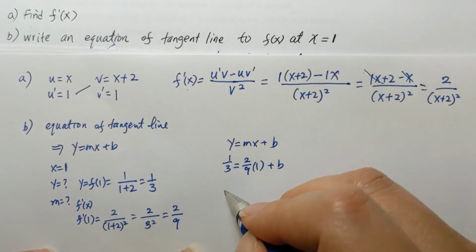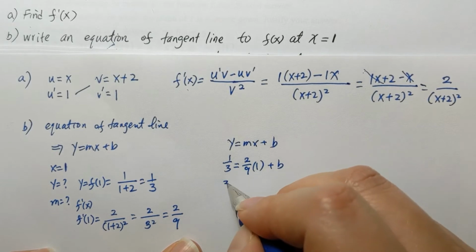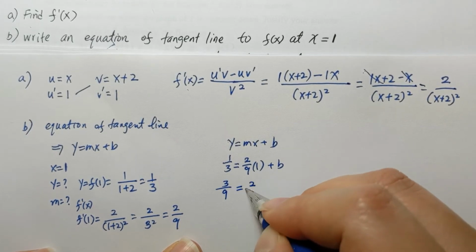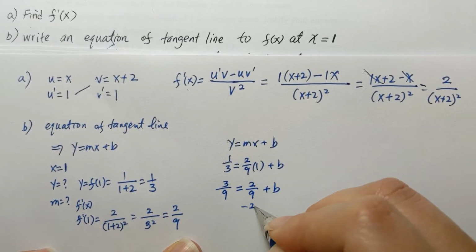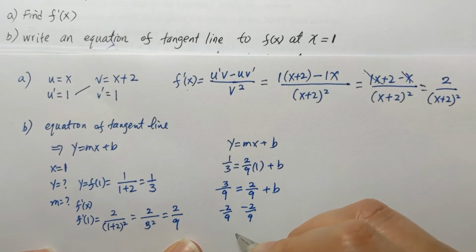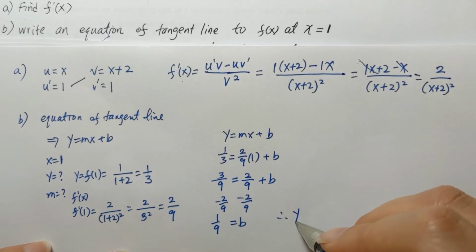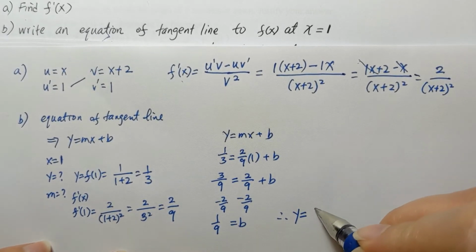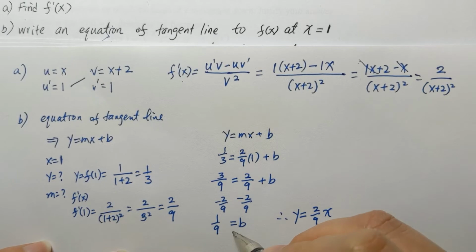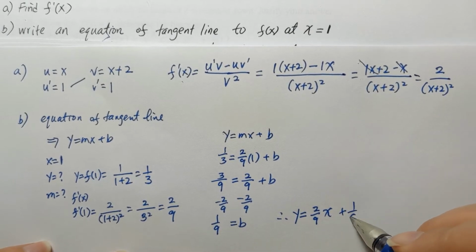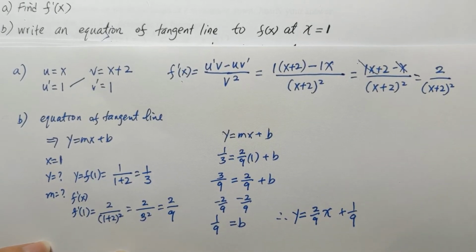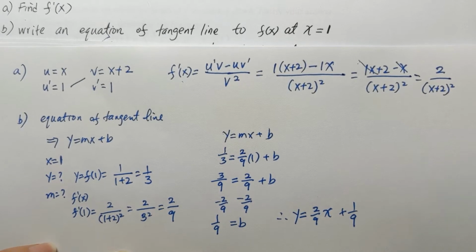Now I'm going to change it into 3/9, and you subtract. You can do it in your mind if you can. So you get 1/9. So therefore the answer is y equal to m, which is 2/9 x, and the b is 1/9. So we finished question number 3b.